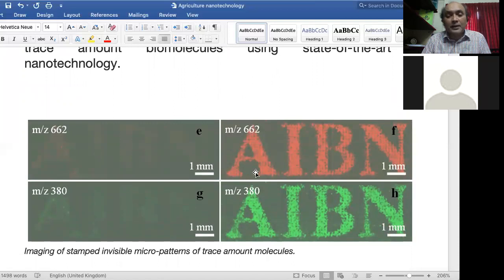So here you see these are prepared by using biomolecules. This is visualized by using nanotechnology. Here we cannot see, but a different visualization technique can visualize the molecules.